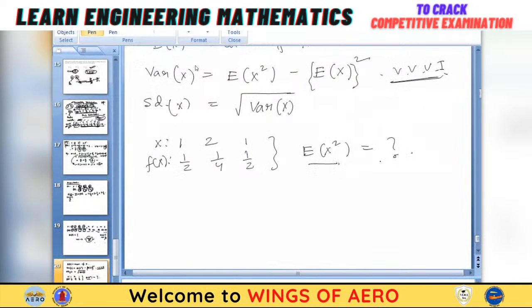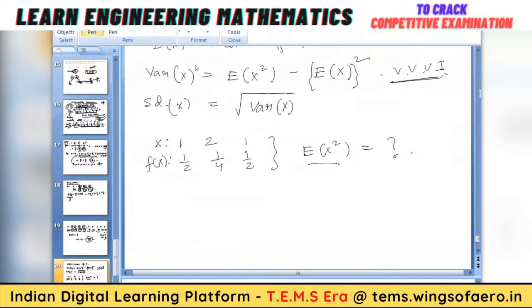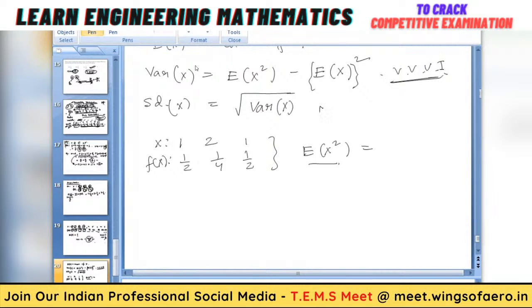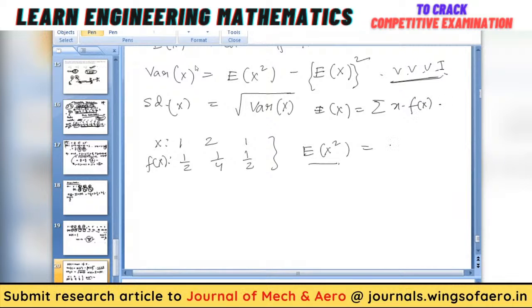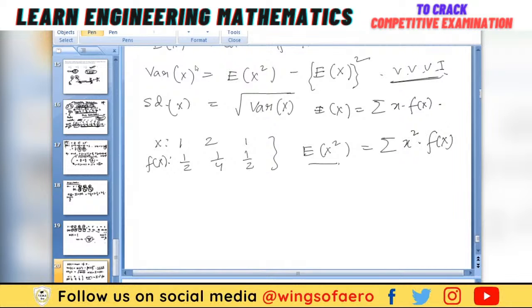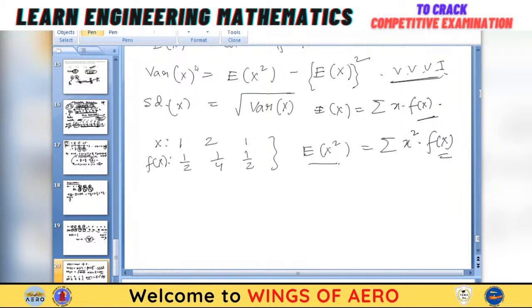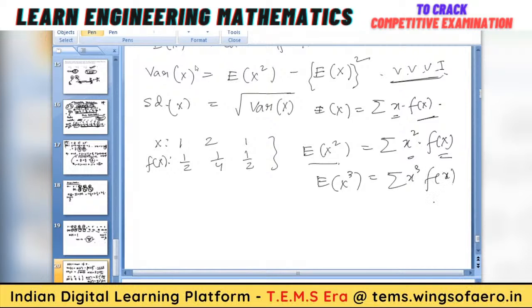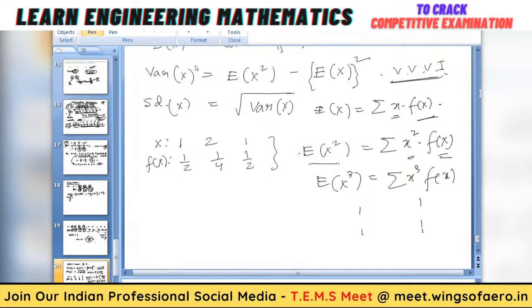Exactly, X square into fx. If expectation of X is the summation of X into fx, then expectation of X square is the summation of X square into fx. Do not change it. And similarly, summation of X cube into fx and so on. Now tell me what is the value of expectation of X square for this distribution?